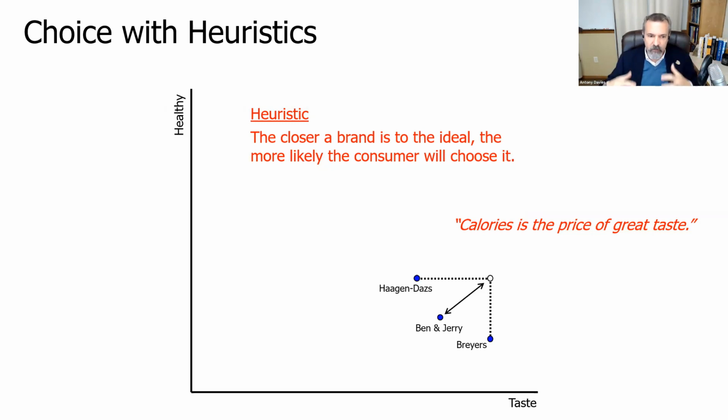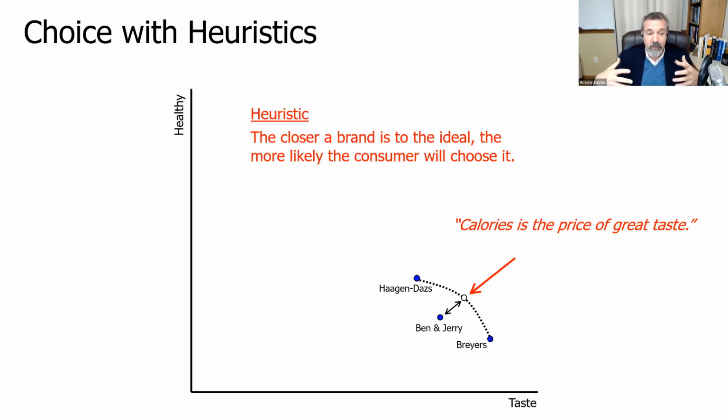They were trying to convince the consumer that if you want great taste, you're going to have to put up with more calories. And if you want low calories, you're going to have to deal with less taste. So if you were to draw a picture of what Ben & Jerry's did, they pushed in the consumer's mind that ideal point backward. They pushed it backward toward Ben & Jerry's.